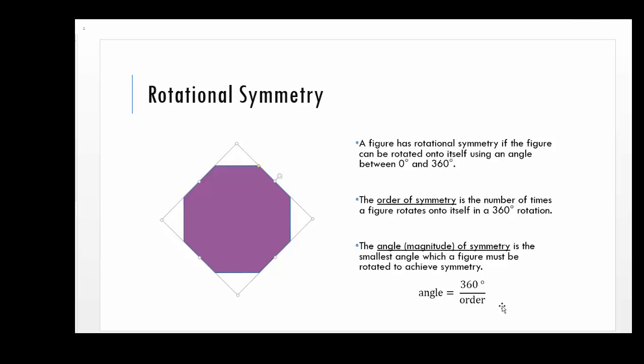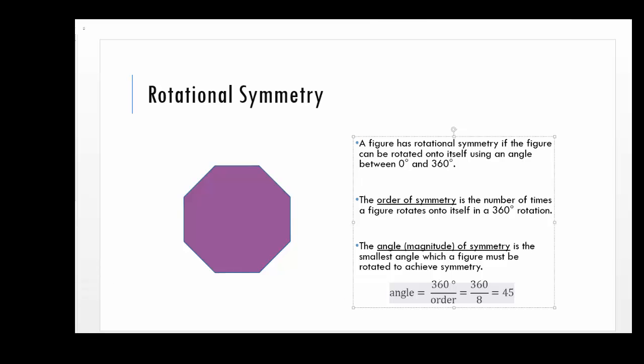Now, if we want to determine the angle that we're rotating each time to achieve symmetry, we have this formula down here where we divide 360 by the order. So in this case, it's going to be 360 divided by 8, and we know that that is 45 degrees. So each time we rotate this figure 45 degrees, we achieve one order of symmetry.